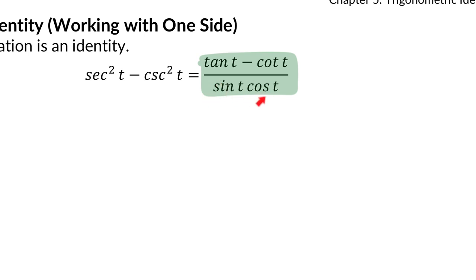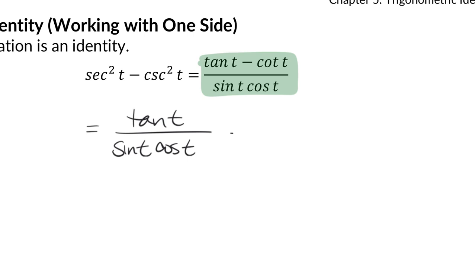Because this is a monomial, no plus or minus in the denominator, it's all multiplied, I can split this fraction immediately into two pieces: tangent of t over sine of t cosine of t minus cotangent of t over sine of t cosine of t. I highly recommend making your t's curly at the bottom so they don't look like plus signs.